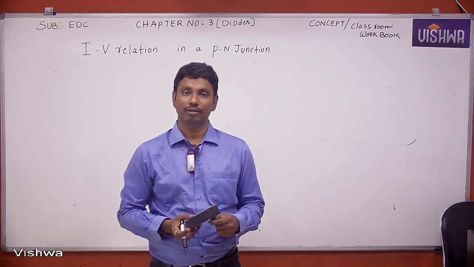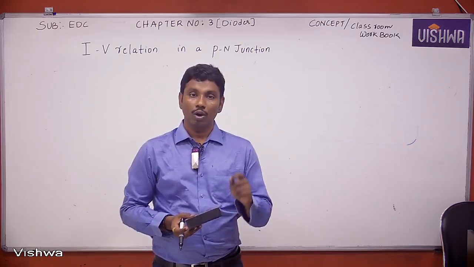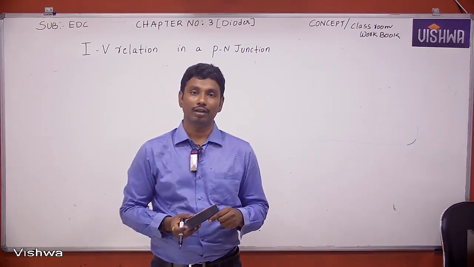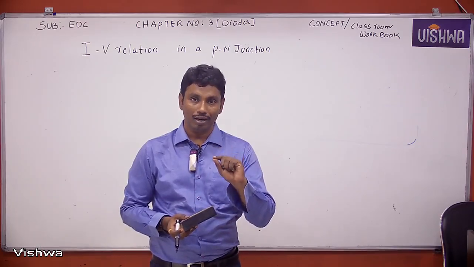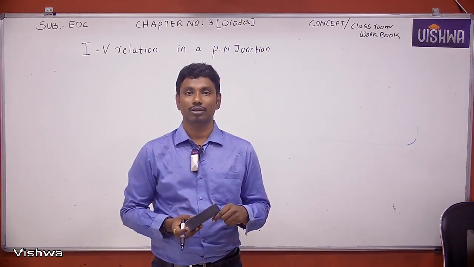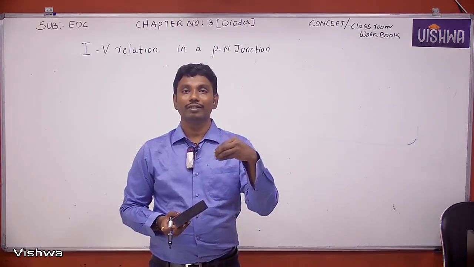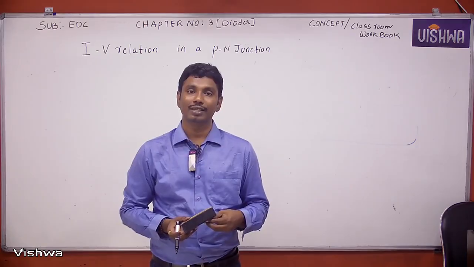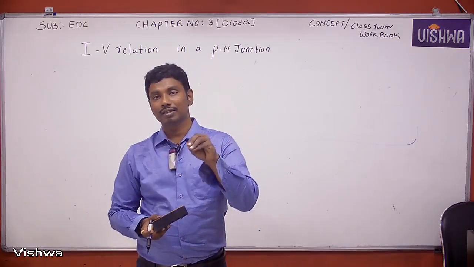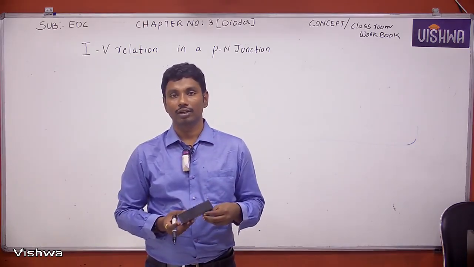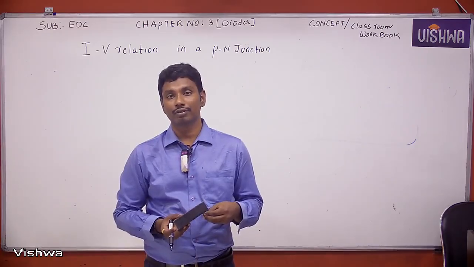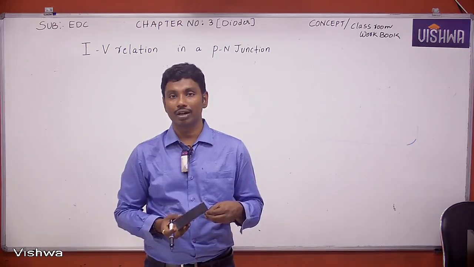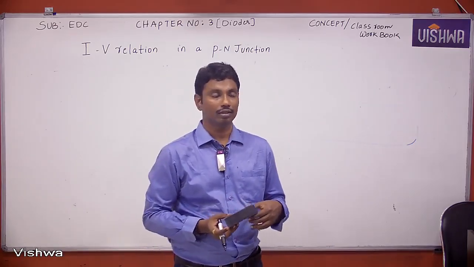Find the voltage across the diode if the reverse current is equal to 90% of the saturated value.